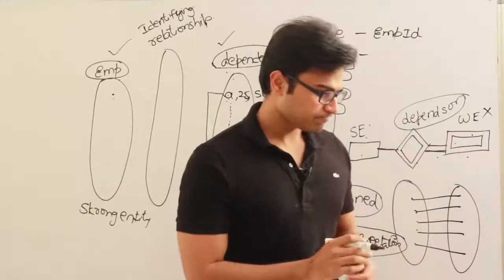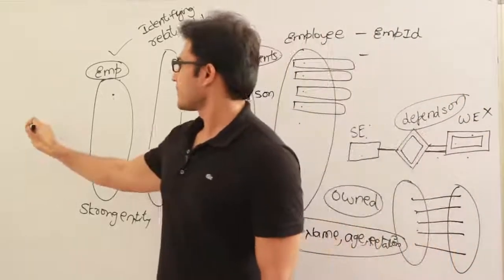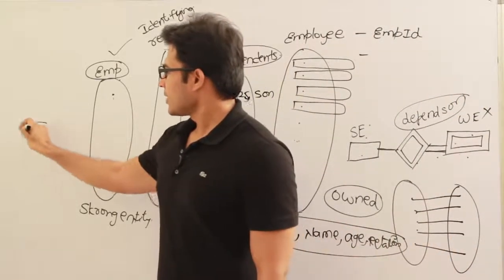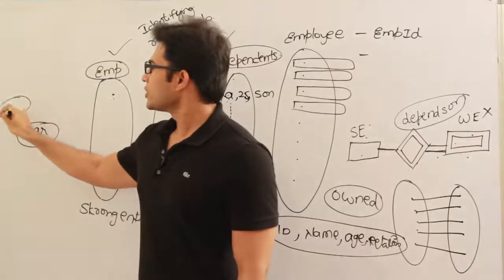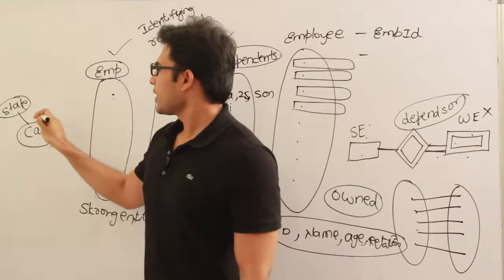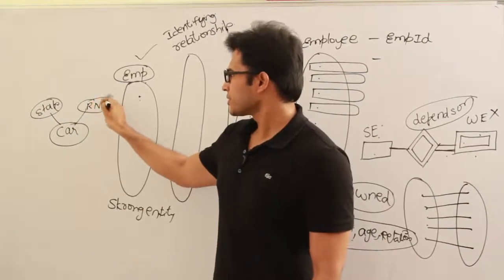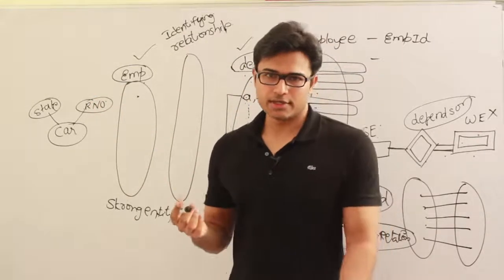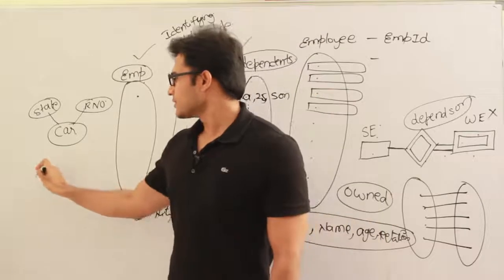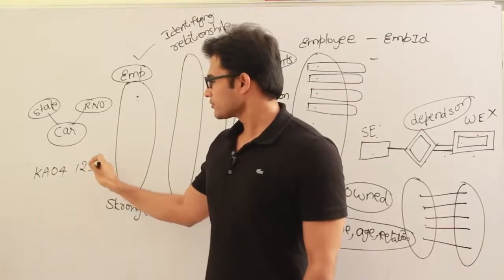For example, let's say we have this car, right? And car is going to have, let us say, a state, and a registration number within that state. Generally if you look at vehicle numbers here in India, you will see something like KA04 1234.